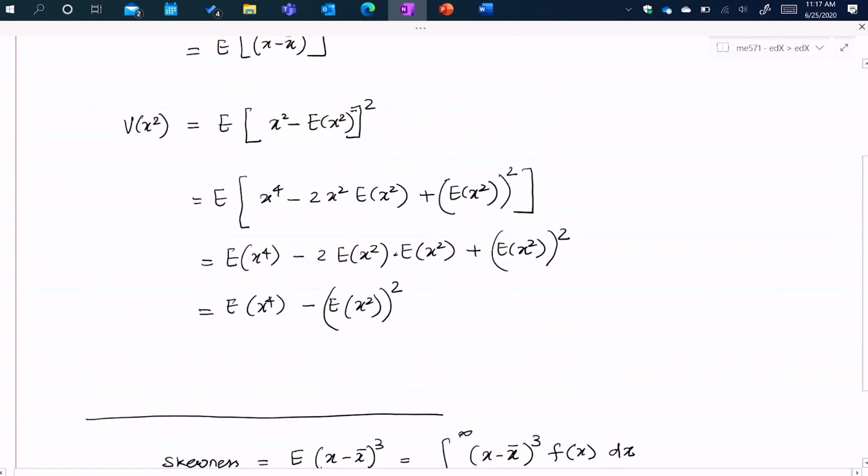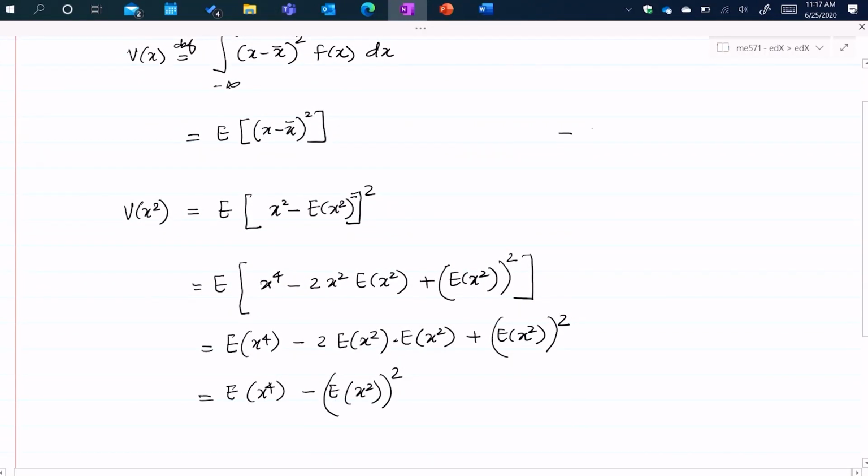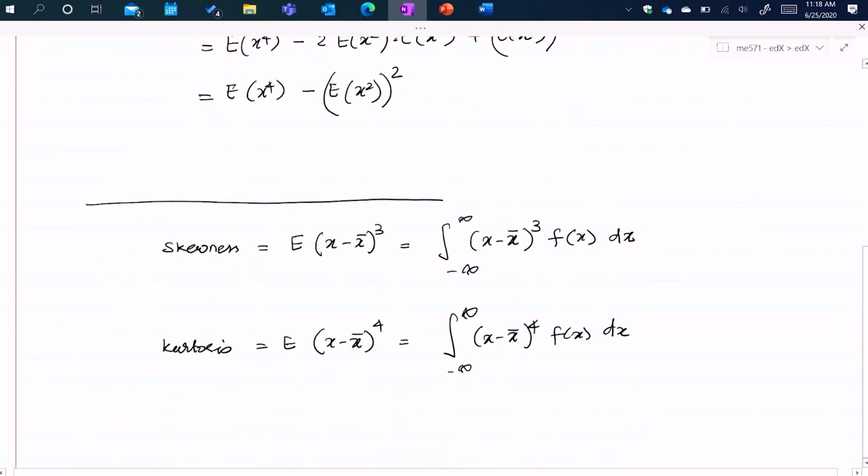So if you think of the mean value, the variance represents the second moment about mean, and the skewness represents the third moment about mean, and this is the fourth moment about mean.